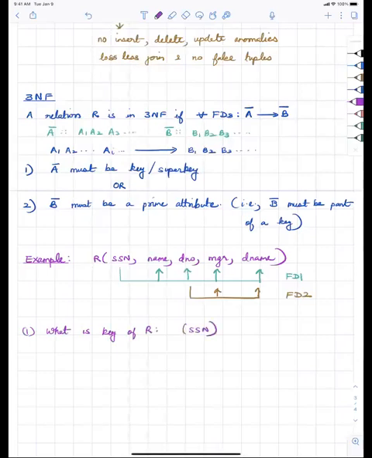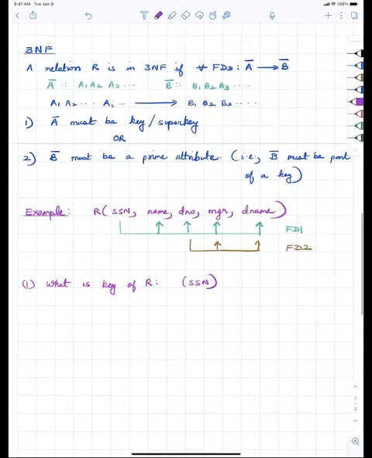So there's no problem with functional dependency one, because the left-hand side is a key. Now we look at functional dependency two, where D number goes to manager and D name. But D number is not a key, nor are manager and D name prime attributes. So therefore, relation R is not in third normal form.